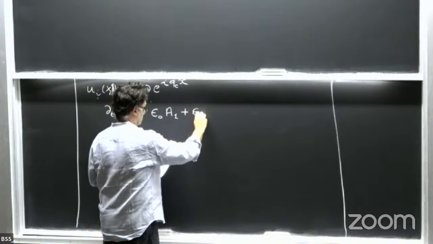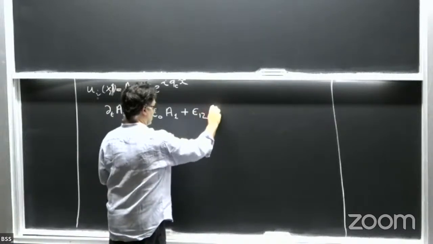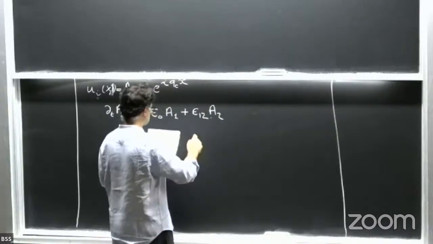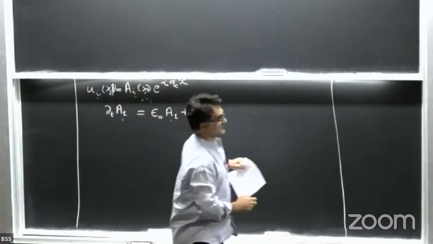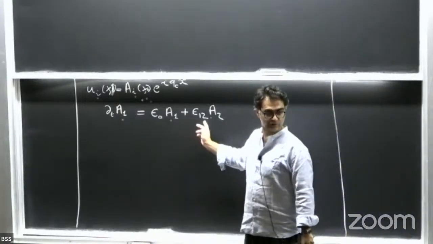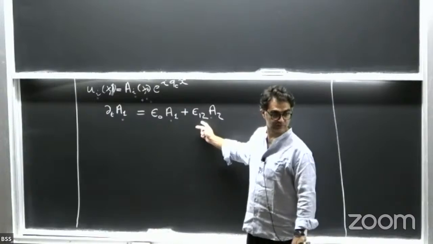But then there's going to be this one here that comes from the coupling. Because you remember there was that matrix here. You remember this story. So this matrix will couple U1 to itself, but also to U2. The coupling to itself is called E0 here, and the coupling to A2 is called E12.